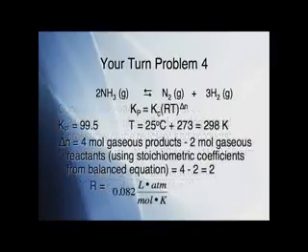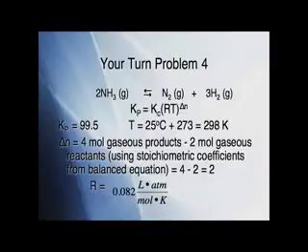Let's see how you did in terms of converting Kp to Kc. We use the relationship that Kp is equal to Kc times the product of RT raised to the power of delta N. Delta N, in this case, there are 4 moles of gaseous products, and there are 2 moles of gaseous reactants using the stoichiometric coefficients in the balanced equation.